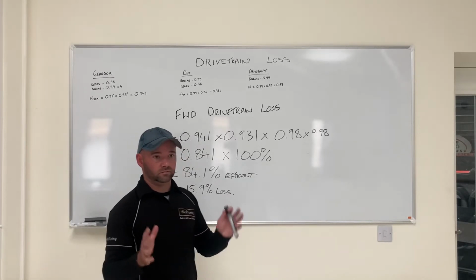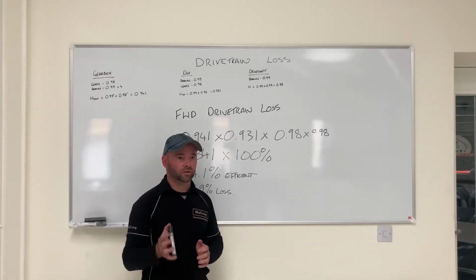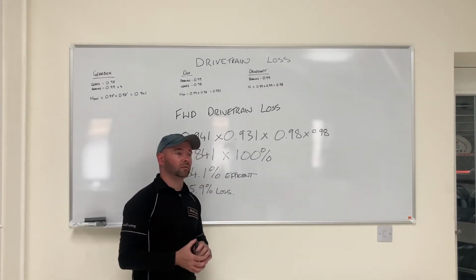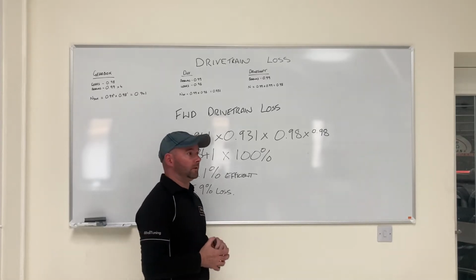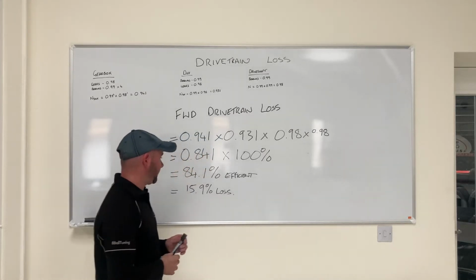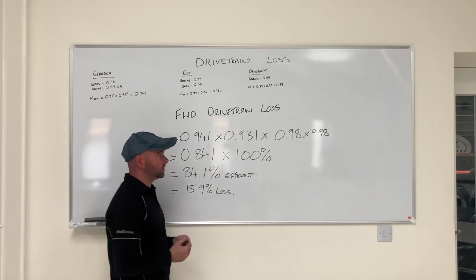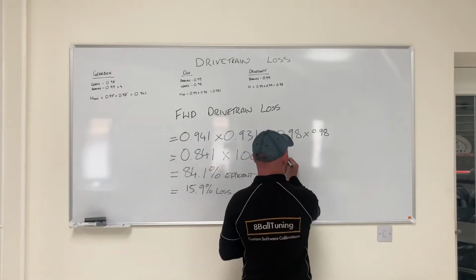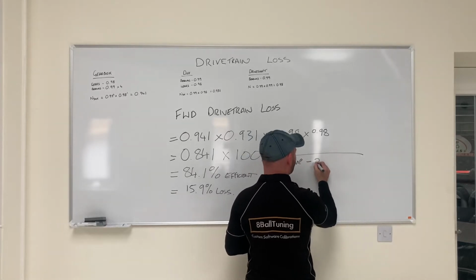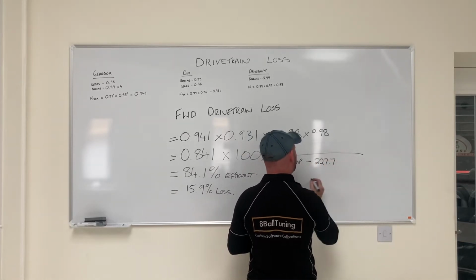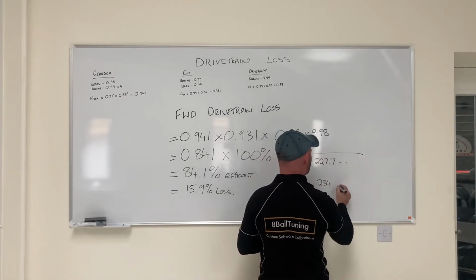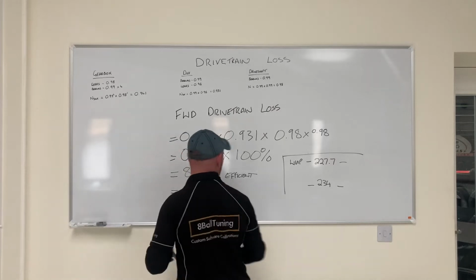Given that if you Google front-wheel drive drivetrain losses, you'll get a figure of about 10%. That used to be the average of what people would add. We'll let you work out whether you think it's accurate or not. But anyway, 15.9% loss. So if we work that out from our wheel horsepower figures earlier, for MB we were 227.7, and on our dyno it was 234.